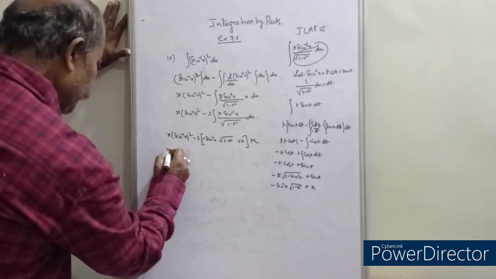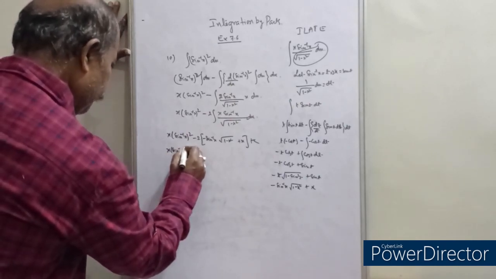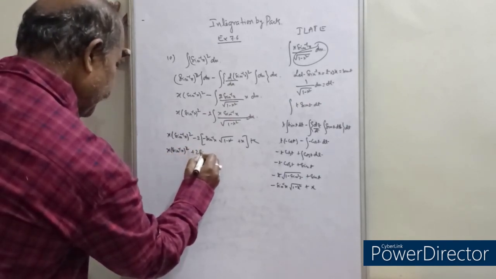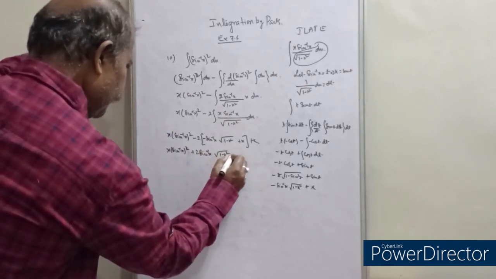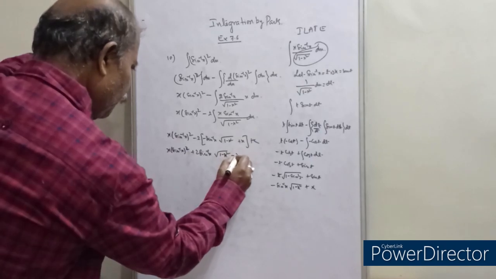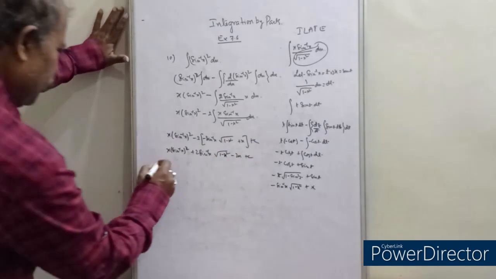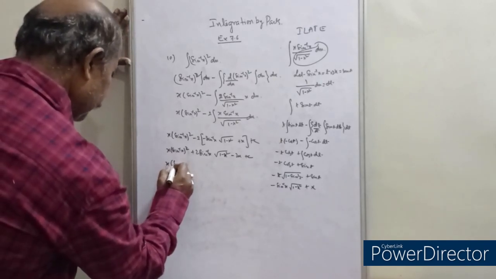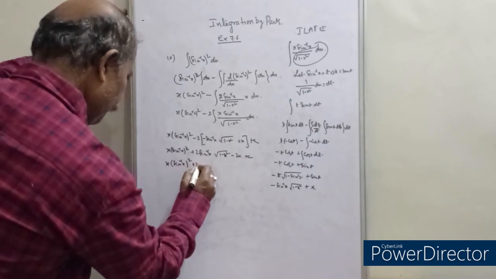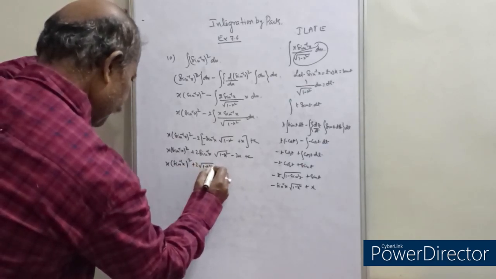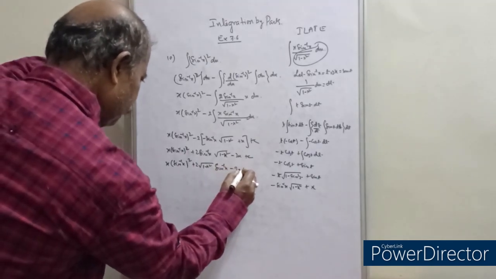So this is x times sine inverse x the whole square plus 2 sine inverse x root 1 minus x square minus 2x plus c, or let me write it like this: x times sine inverse x the whole square plus 2 root 1 minus x square sine inverse x minus 2x plus c.